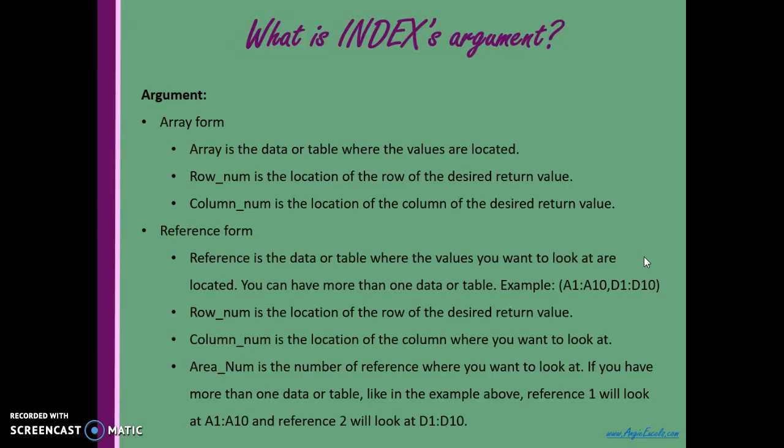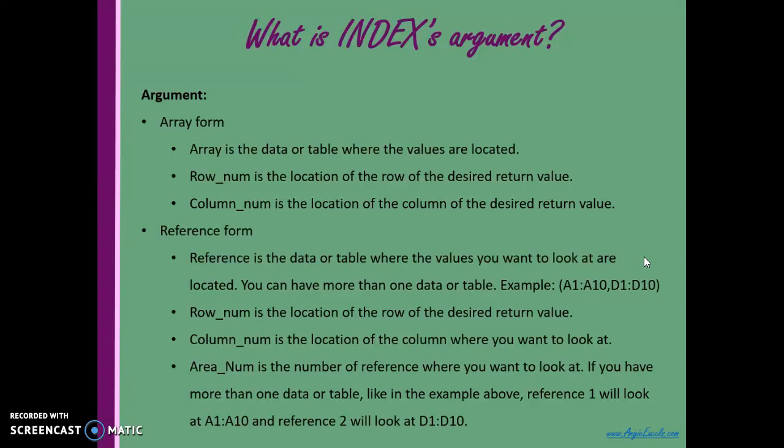It's the location of the row of your desired return value. If you want someone's phone number, your desired return value is the phone number part. Column num, or column number, is the location of the column of the desired return value. So let's say the person that you're looking for is in row 6 and the column is number 2. Wherever that intersection is, that's your desired return value.